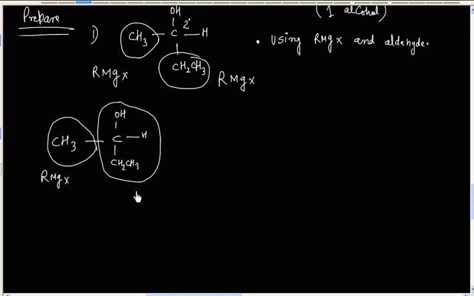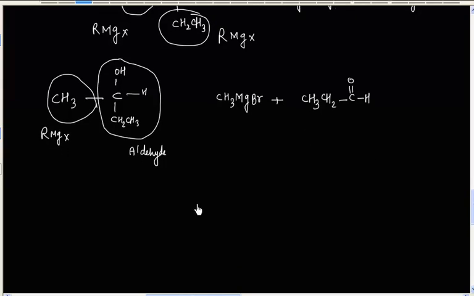So this part is coming from aldehyde. That is, we will have CH3MgBr, and this part is aldehyde, so we will have CH3CH2CHO.